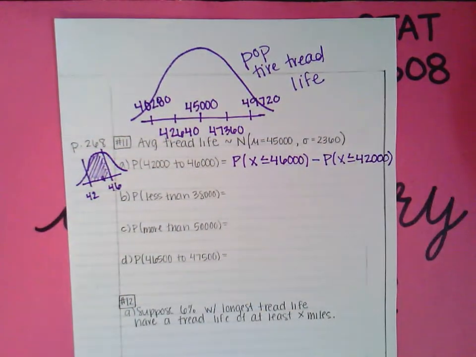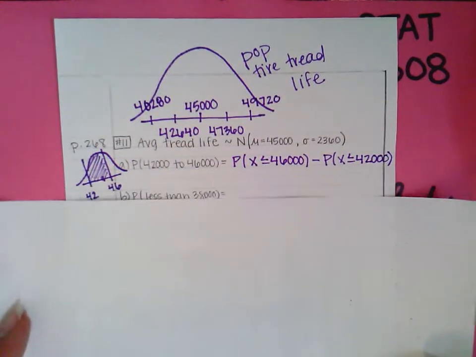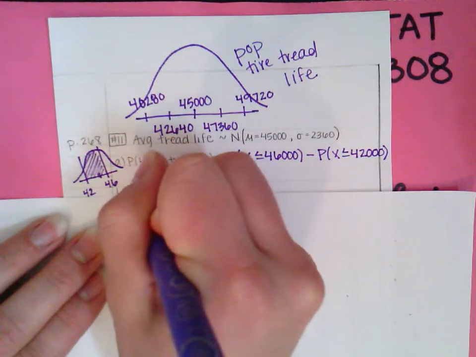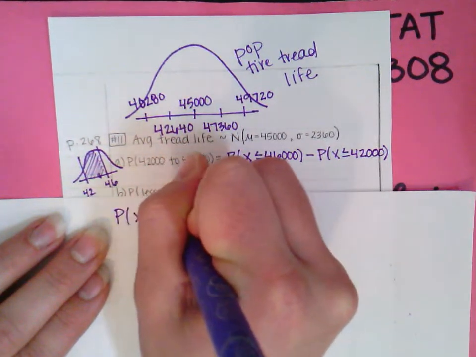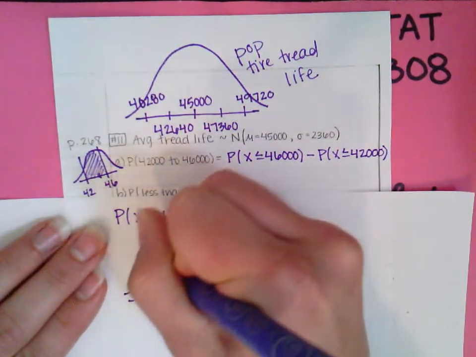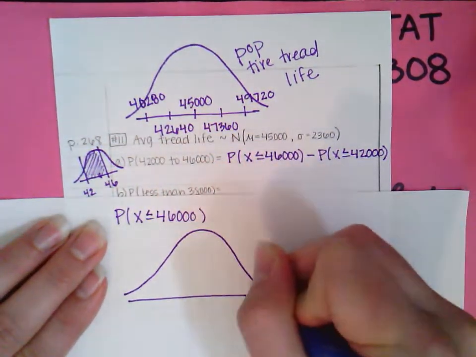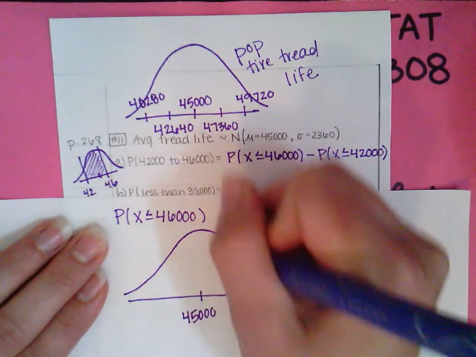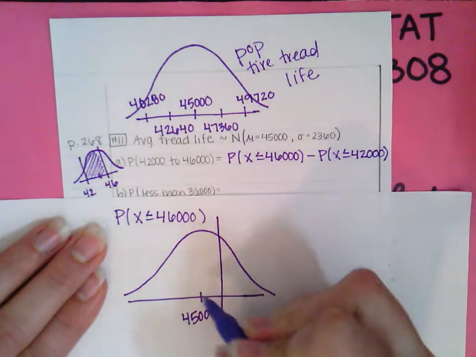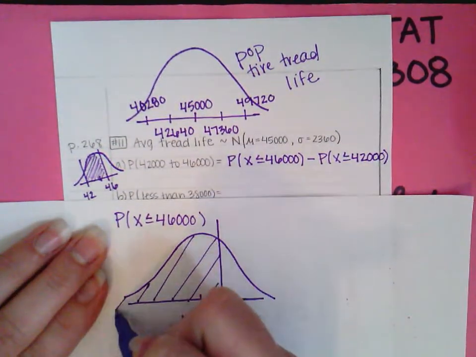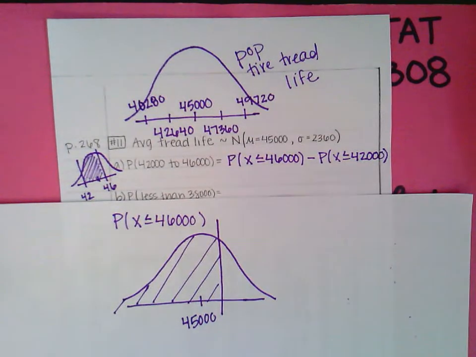And here's why. I'm going to pull up just another piece of paper to talk about it. If I find the probability x is less than or equal to 46,000, and this is 45,000, remember, here's 46, that's going to find me everything below 46,000.